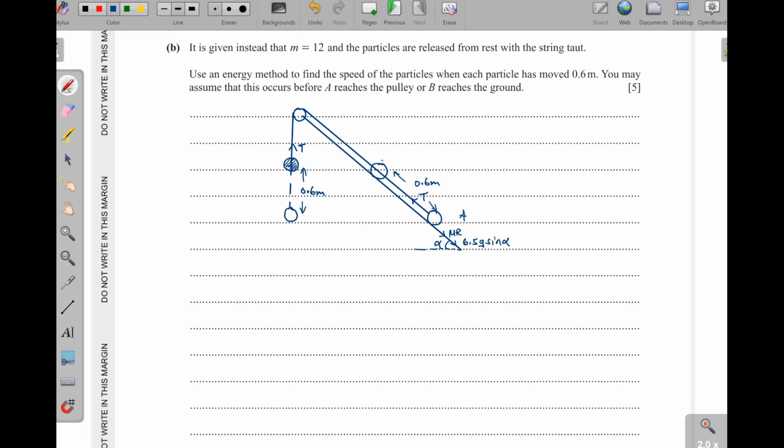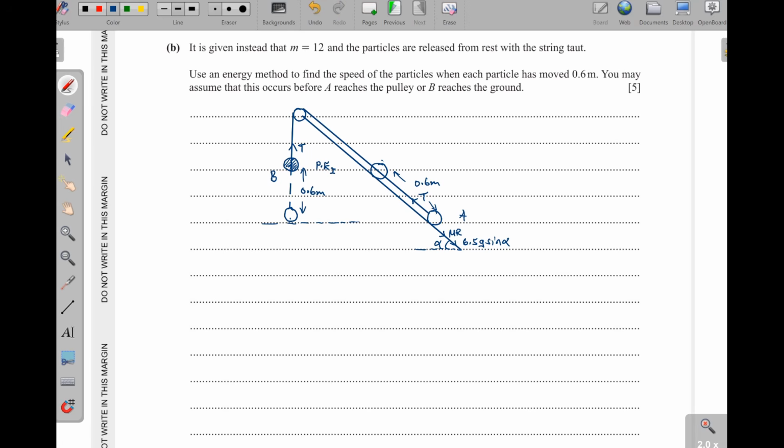Okay. Then from there, this is our B. When B reaches this point here, first of all, at this point, it has potential energy. So I'm going to put potential energy initial because of this vertical. This one is going to be my point of reference.